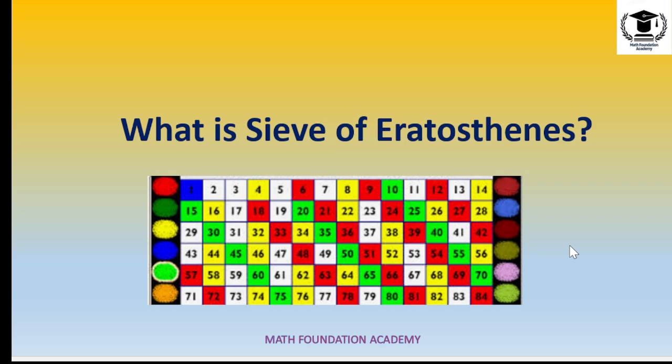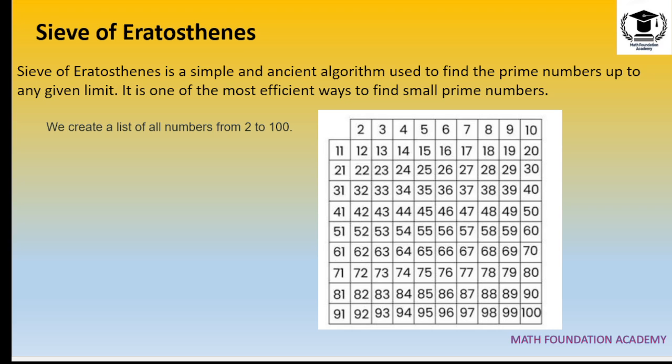So it means the remaining numbers will be the prime numbers. So basically, in simple words, this sieve can be used to find out the prime numbers. So in today's video, let's find out the prime numbers from 2 to 100.